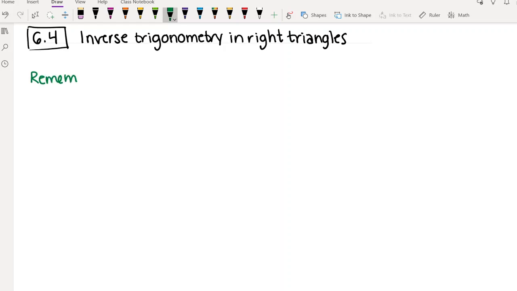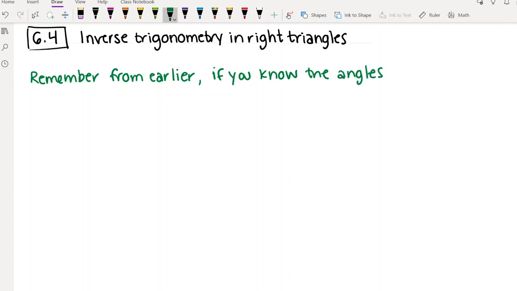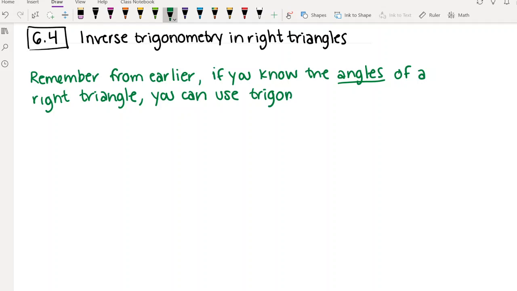But remember from earlier in the quarter, I forget when exactly we did this, pretty early, maybe even the first week, if you know the angles of a right triangle, you can use trigonometry, or I'll say trigonometric, to find the sides.